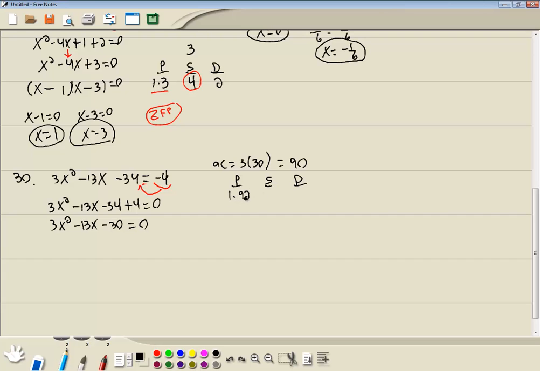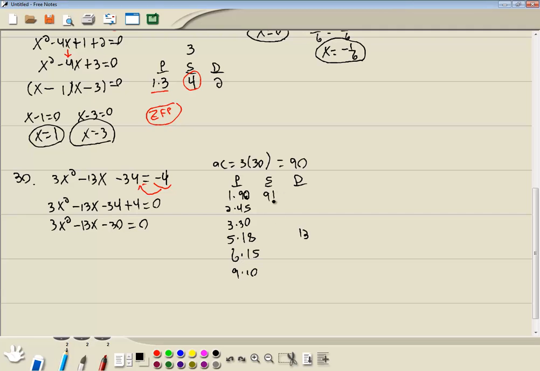We got 1 times 90, 2 times 45, 3 times 30, 5 times 18. That looks like when I subtract them is what I want, but let me go ahead and finish it. 6 times 15, 7, no, 8, no, 9 times 10.